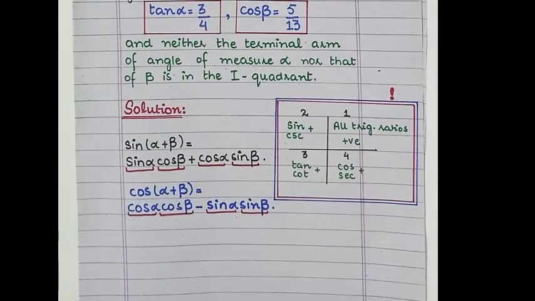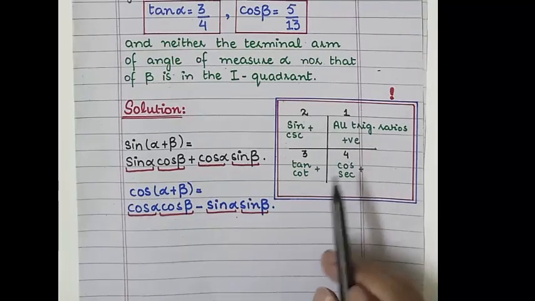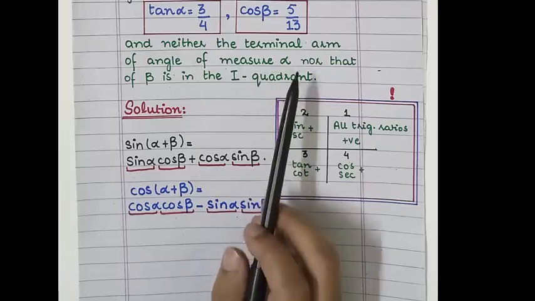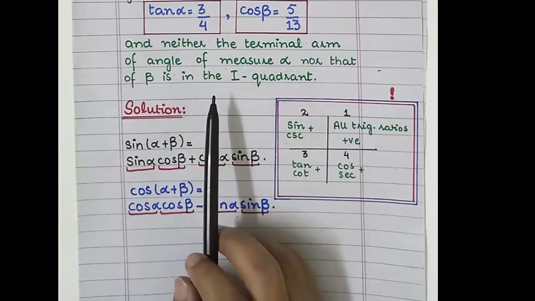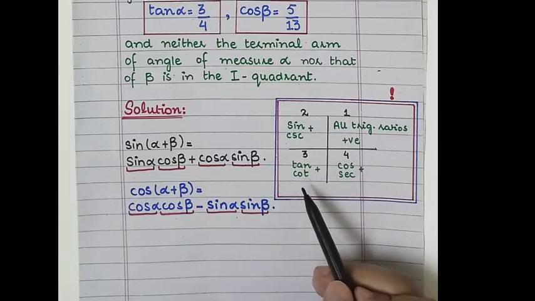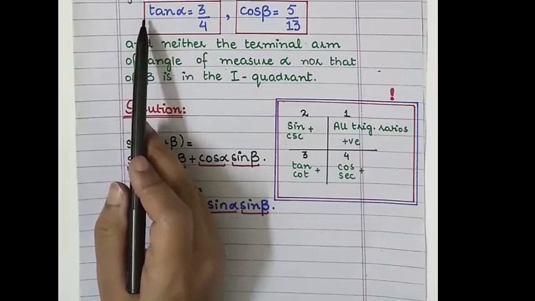We know that tan is positive in the first quadrant and in the third quadrant. But it is given in the question that alpha and beta both do not lie in the first quadrant. So alpha must lie in the third quadrant because the value of tan is positive.